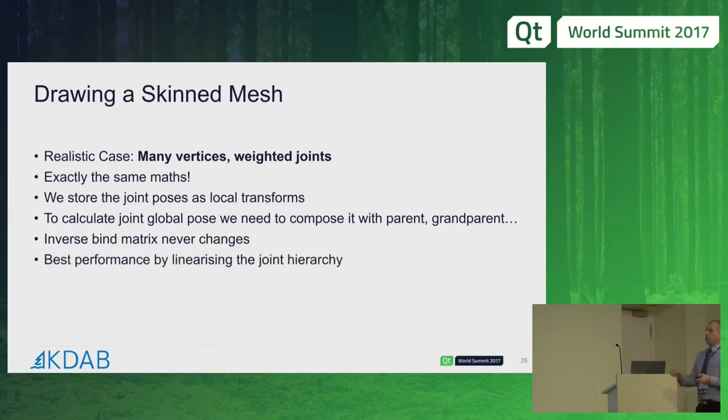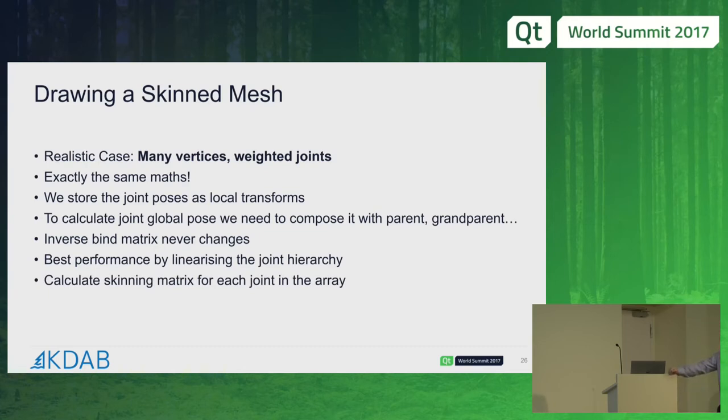Now we get the best performance not by having a hierarchical representation of our skeleton in memory, we actually linearize it. So we end up with a simple vector of transforms. That makes it very easy to iterate through and update in parallel if necessary.